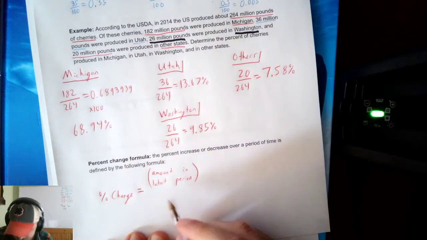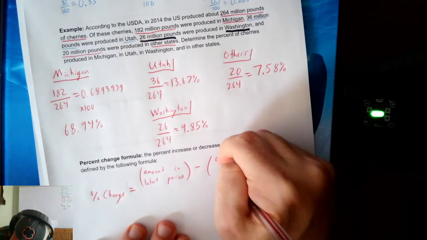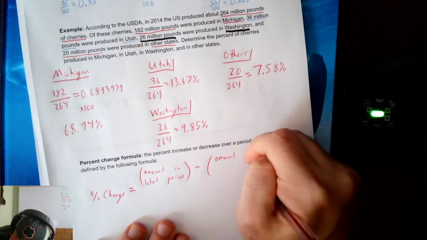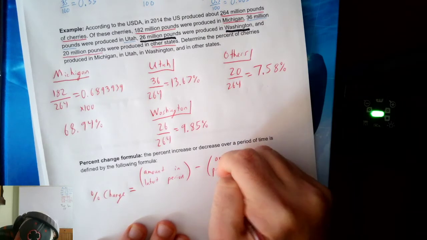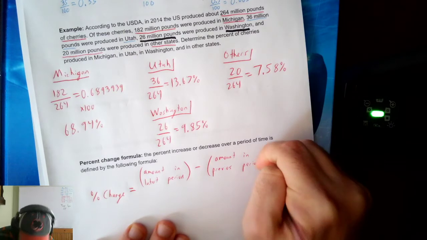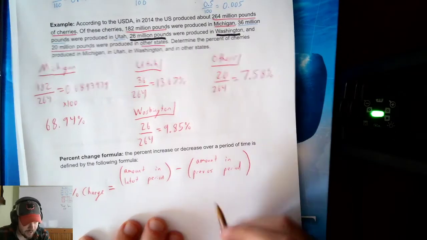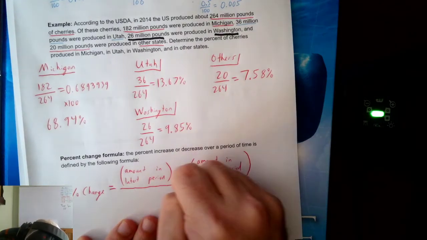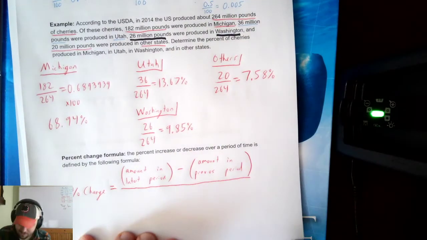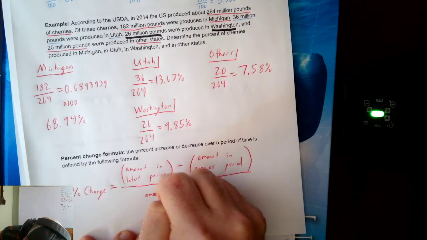So this is the newest measurement, the latest measurement, minus the amount in the previous period. You subtract the previous measurement, right? And then we're going to divide by the amount in the previous period.